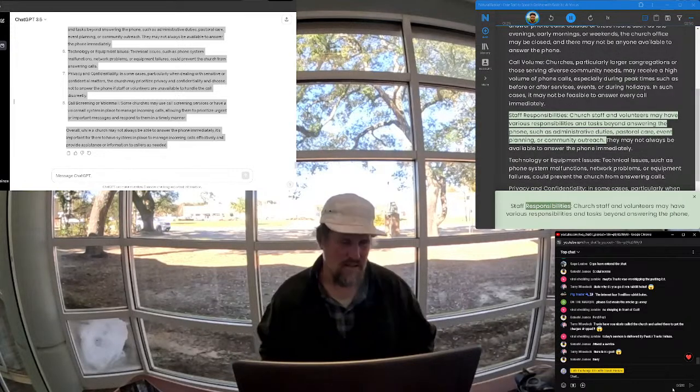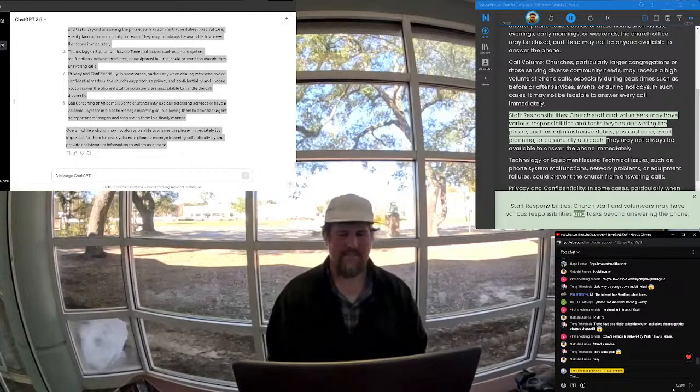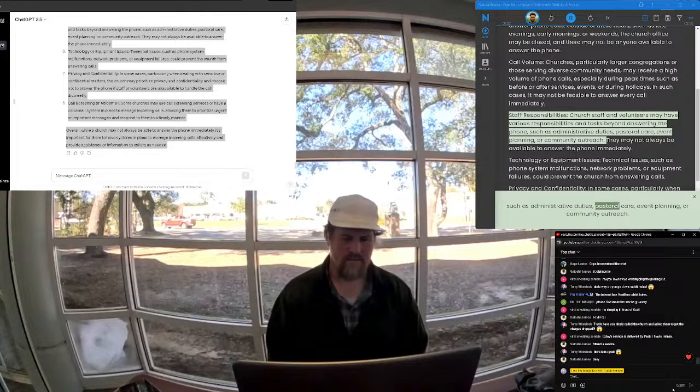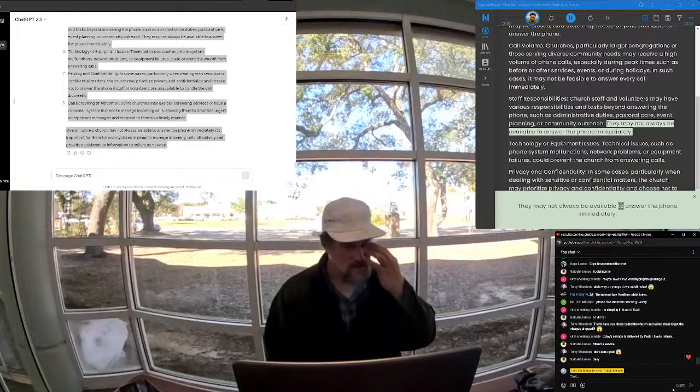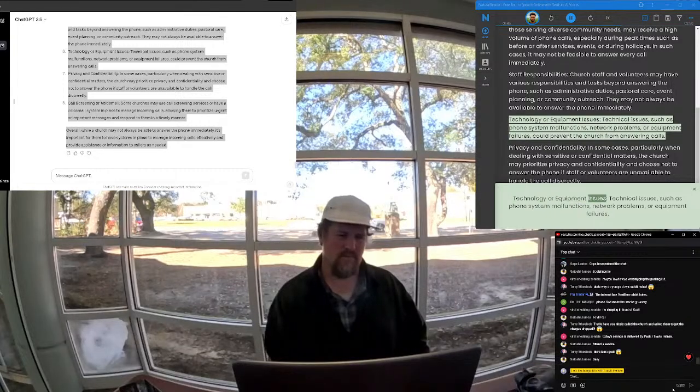Staff responsibilities. Church staff and volunteers may have various responsibilities and tasks beyond answering the phone, such as administrative duties, pastoral care, event planning, or community outreach. They may not always be available to answer the phone immediately. Technology or equipment issues.